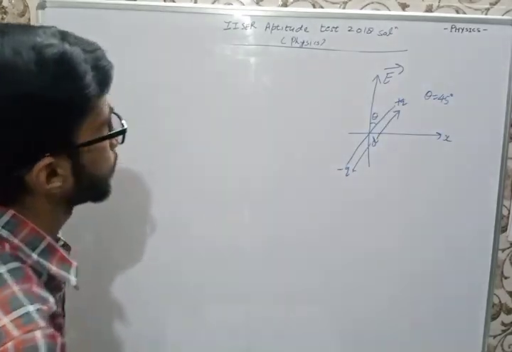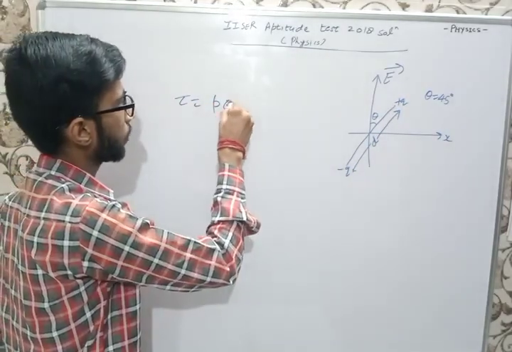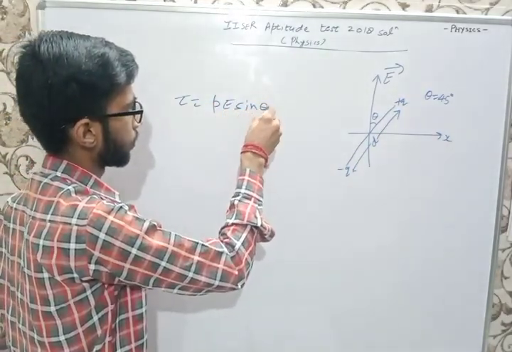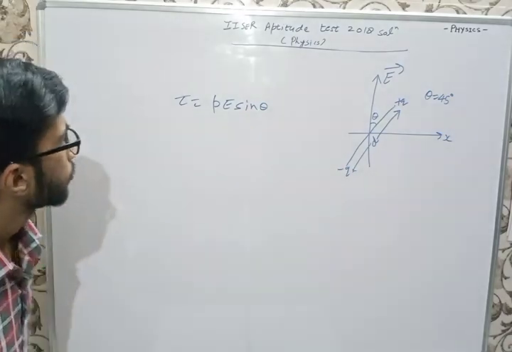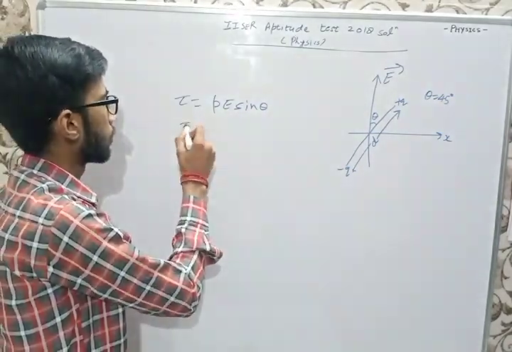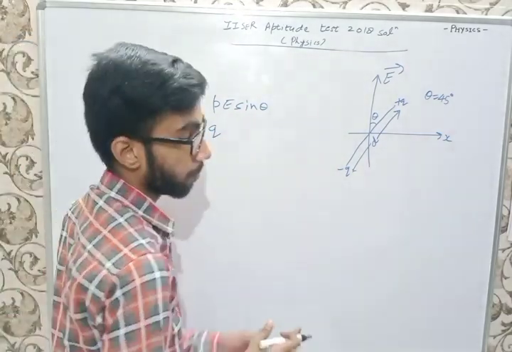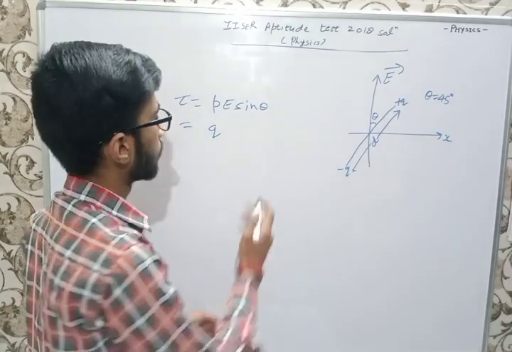So see, the magnitude of torque is simply tau equal to P E sin theta. It is a very easy question. Now see, the dipole moment P is Q into the separation between the charges, which is simply d.